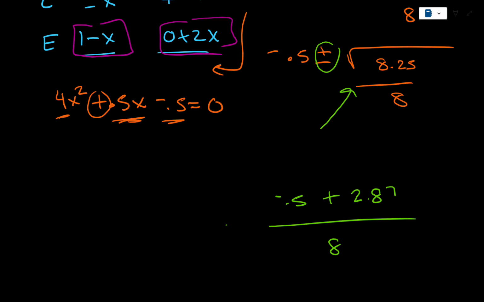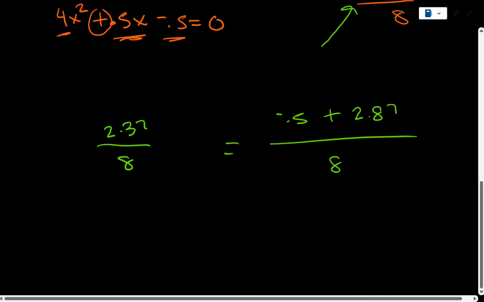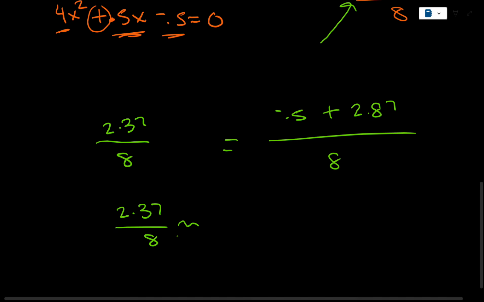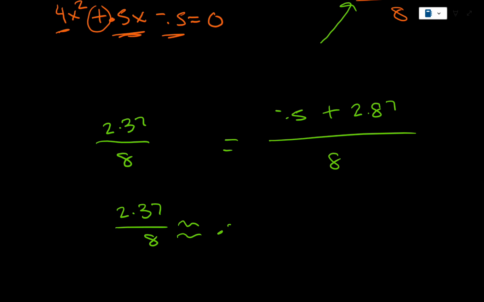So this will ultimately equal 2.37 divided by 8, which is approximately 0.30.